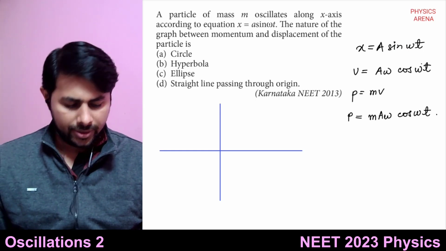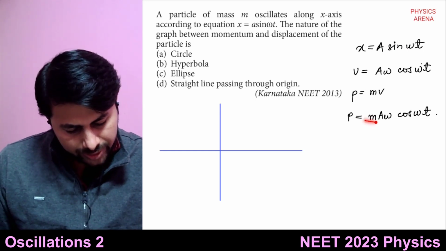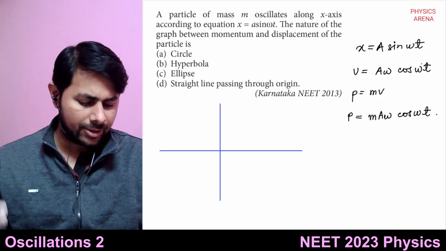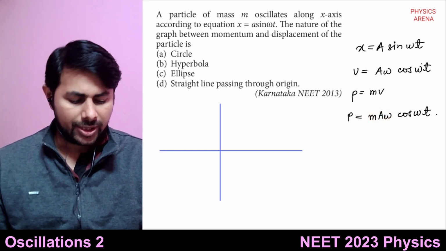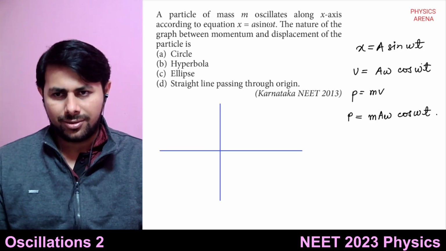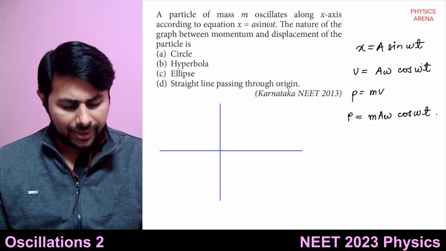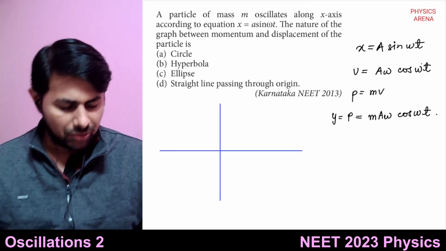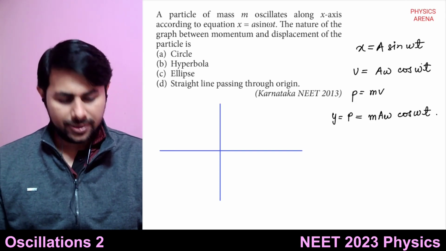Now if this was a only, that is if m and omega are equal to 1 and 1, then it could be a circle, right? We are going to plot this on the y-axis.